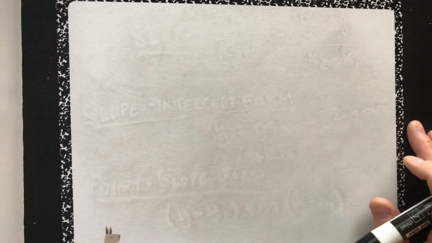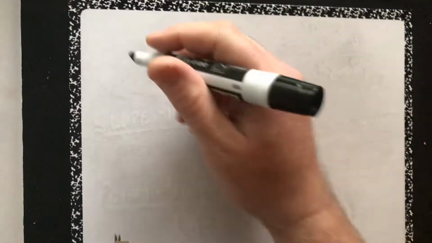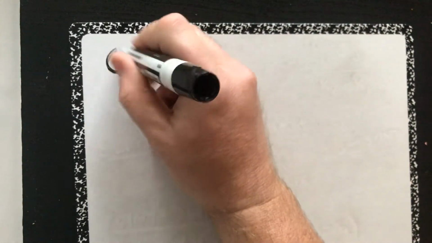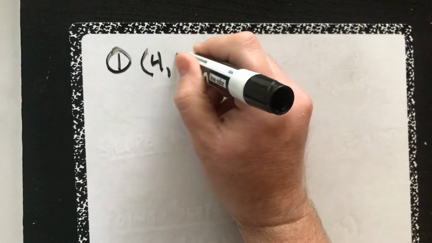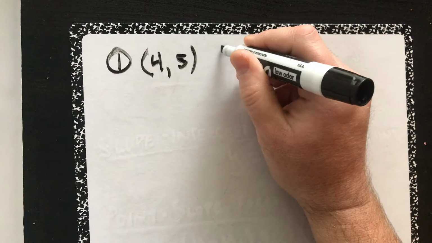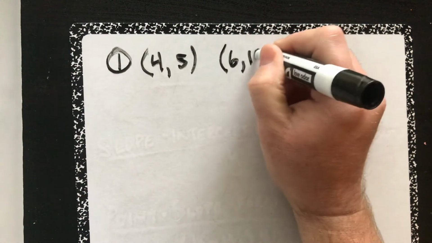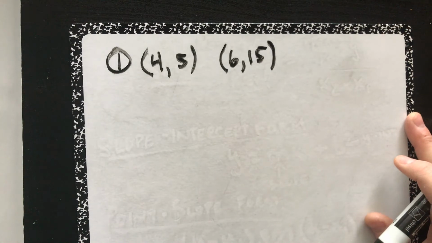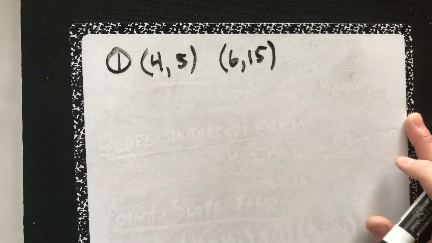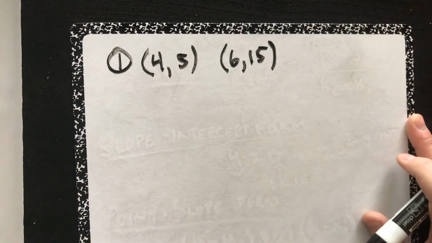I'm looking at page 193. For page 193, number 1, they just give us 2 points. They tell us 4, 5 and 6, 15. And what they're asking us to do is to find the slope of the line that goes through the given points.